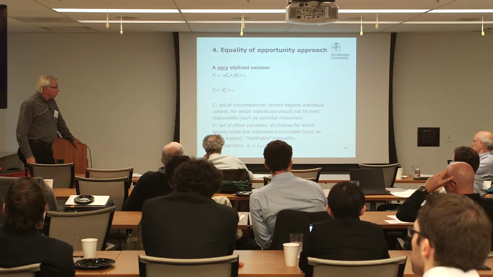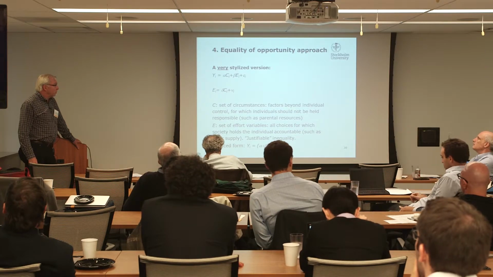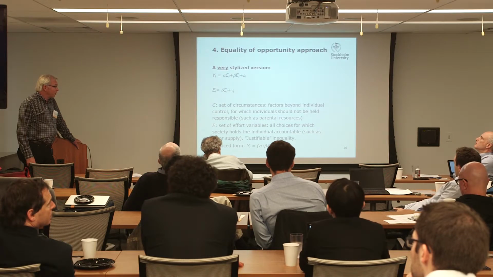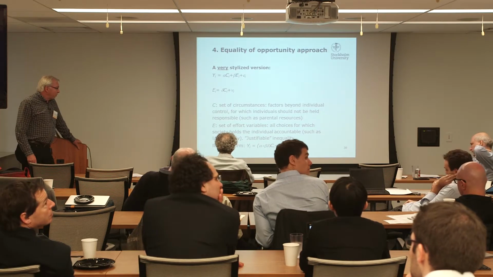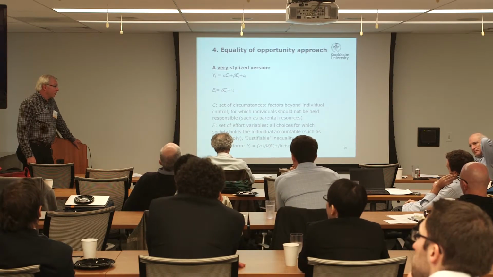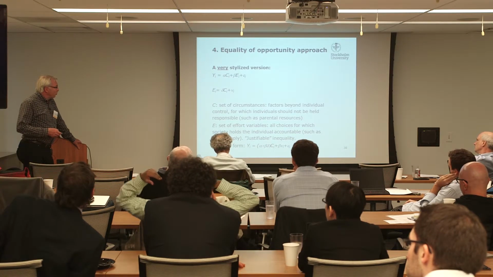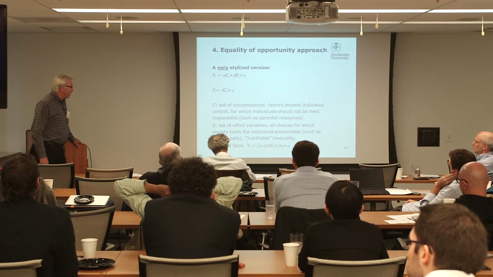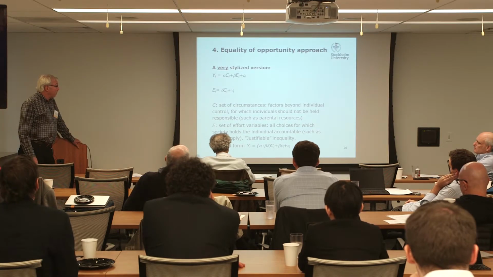And of course, parental resources, and I think most of the things that happen during childhood can be there. But also a set of effort variables, all choices for which society holds the individual accountable. Labor supply is the typical variable, and that can be justifiable inequality. Roemer also wants to put it this way, that effort can be a function of the circumstances. The effort that you show during adulthood could be a function of the circumstances you met in your childhood.